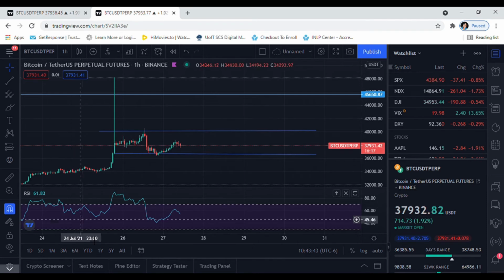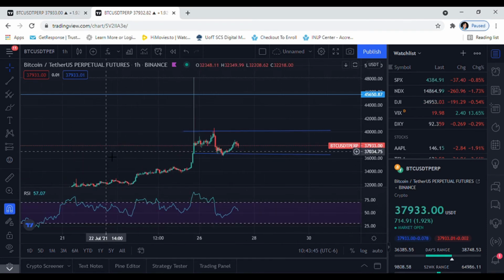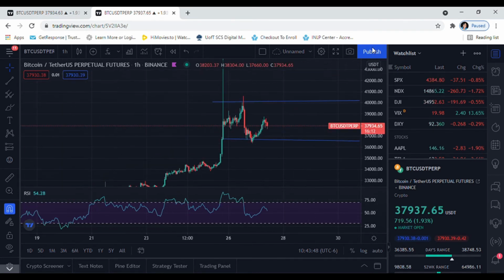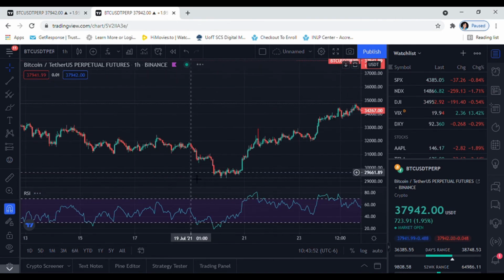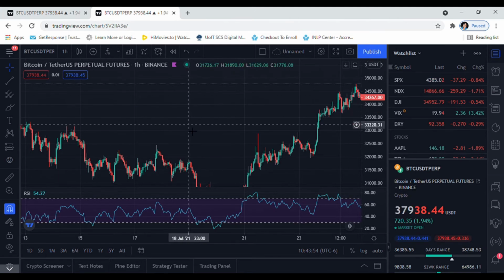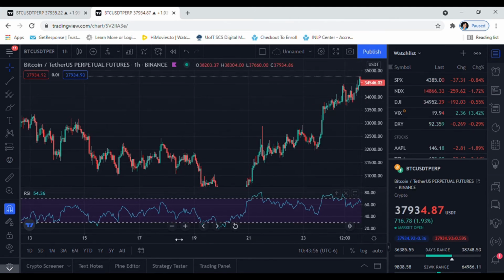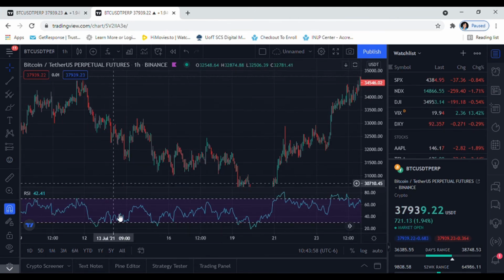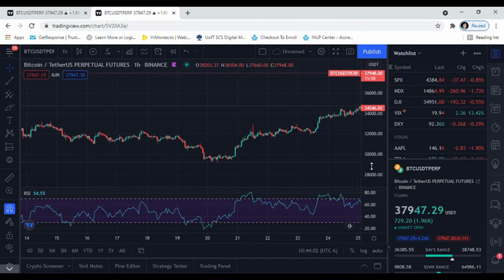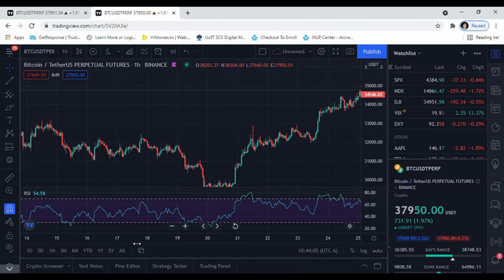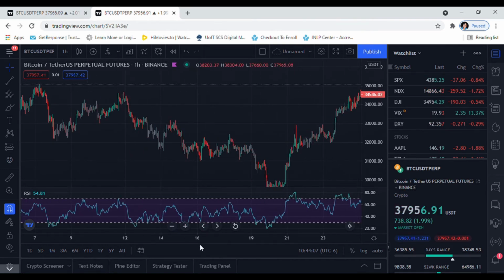So that's what support and resistance is, and I hope you're able to understand that. It's very, very easy to spot a support and resistance line. Also, another thing you need to keep in mind is that Bitcoin is very volatile.